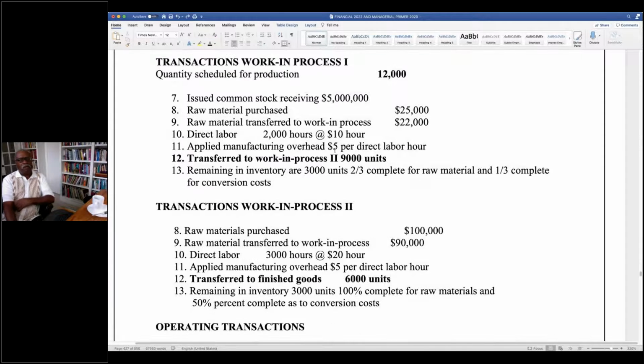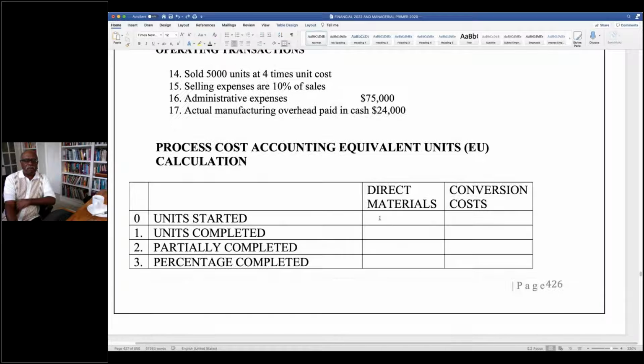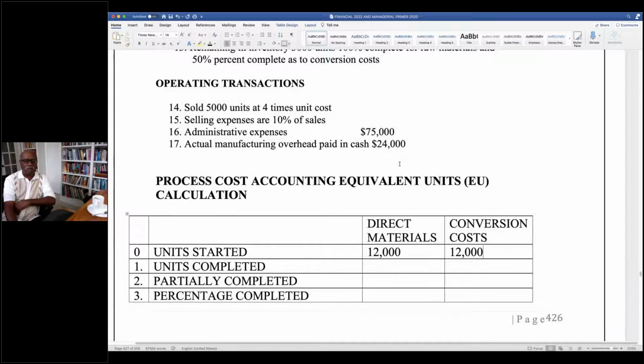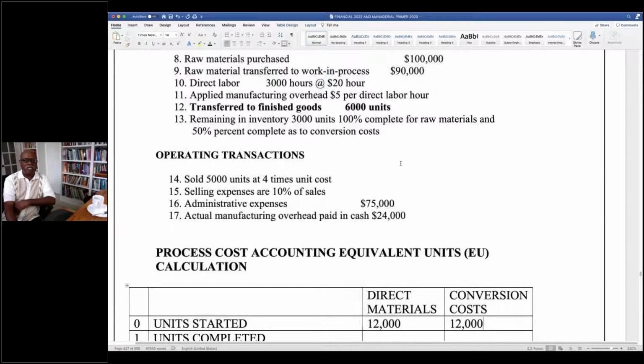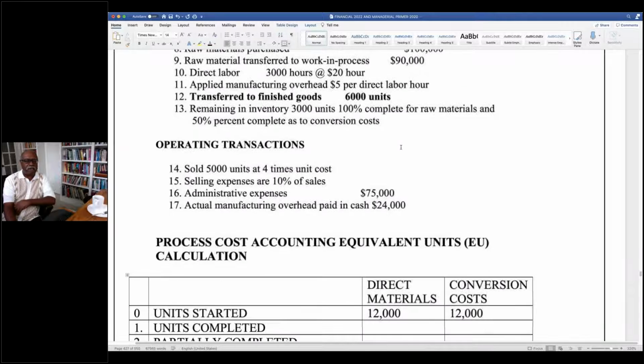So let's look at what we're gonna do. Quantity schedule for production was what? 12,000. So we're gonna put that on the first line. Any questions? How many units did we complete? 9,000. Okay, says we completed 9,000.